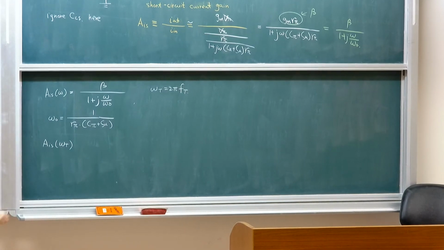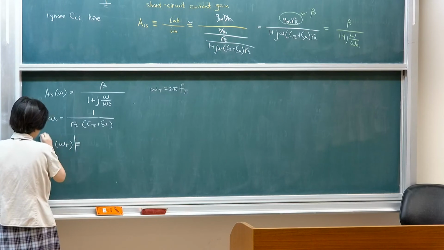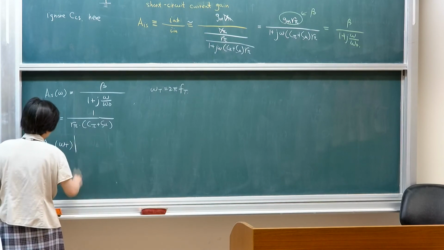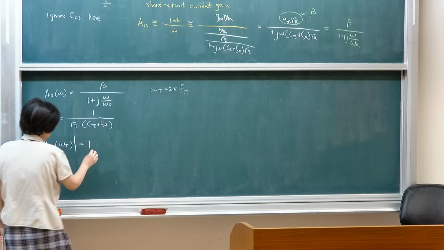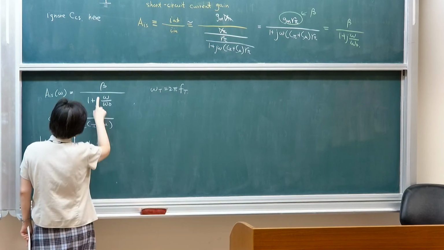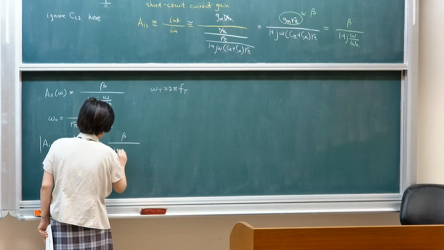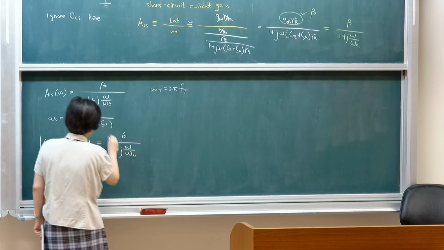Okay? So at omega t, by definition, this should equal 1. At omega t, it falls to unity. Remember, when does it fall to unity? You simply enter beta over 1 plus j omega over omega 0.